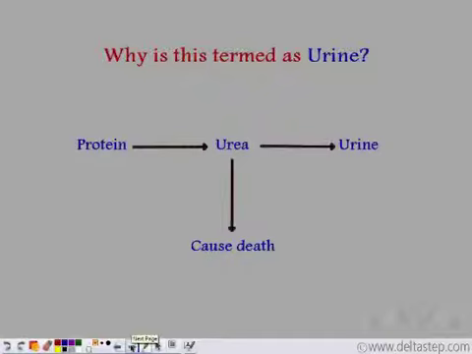So, why do we term this fluid as urine? Well, the protein part of the food that we have gets converted mostly into a chemical known as urea. Urea, if present in greater amount in the body, can cause death.